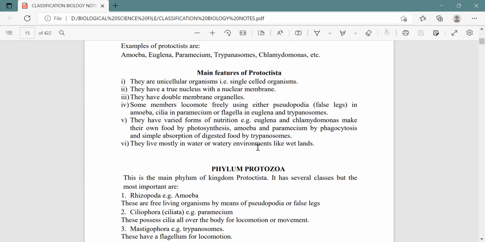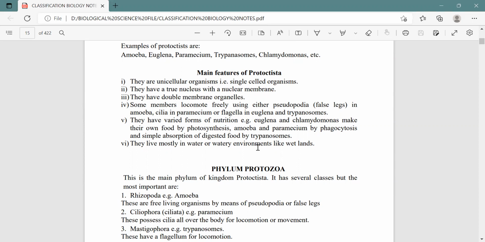Number 2, they have a true nucleus with a nuclear membrane. That is the reason why we call them eukaryotes. That second feature. They have double membrane organelles.